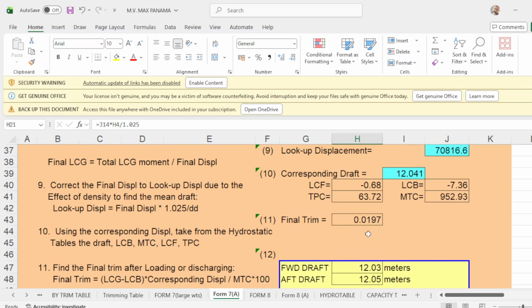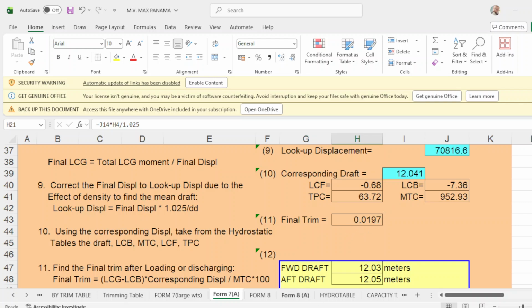Find the final trim after loading or discharging. So the formula would be final trim equals LCG minus LCB multiplied by the corresponding displacement over MTC times 100, okay, to get the final trim.